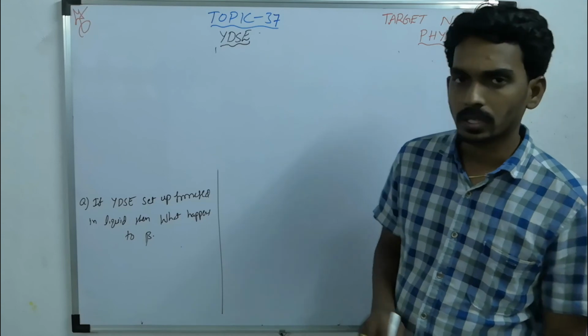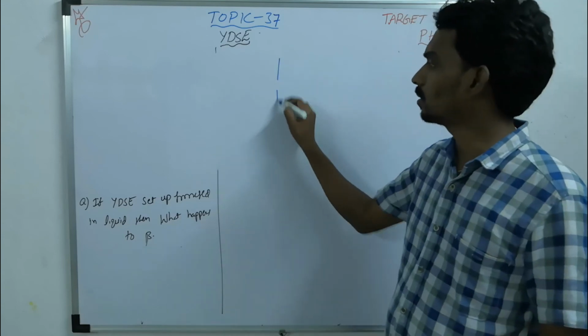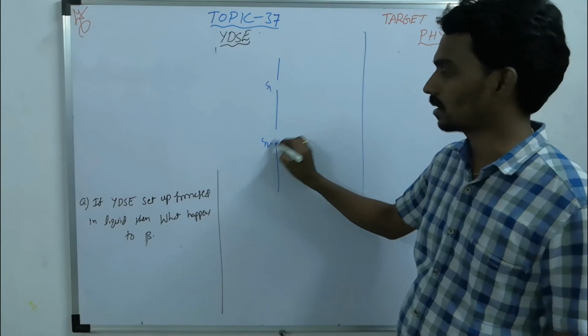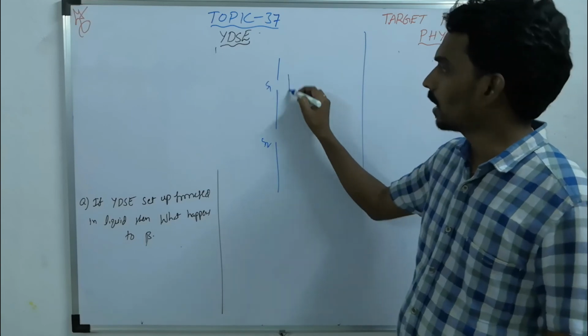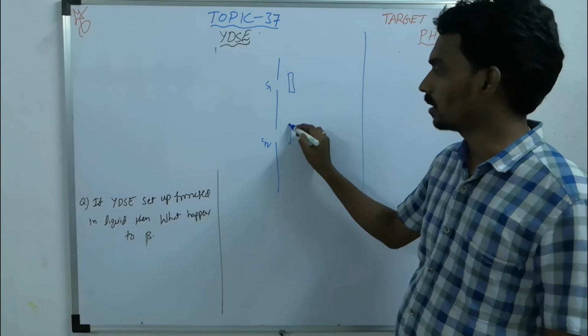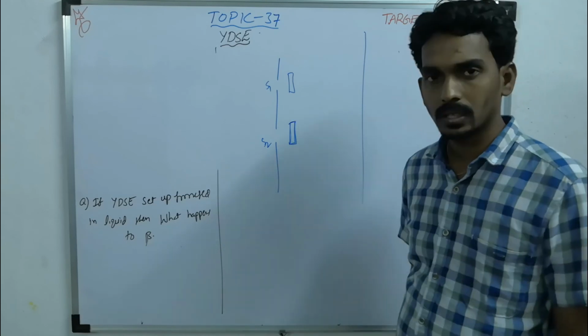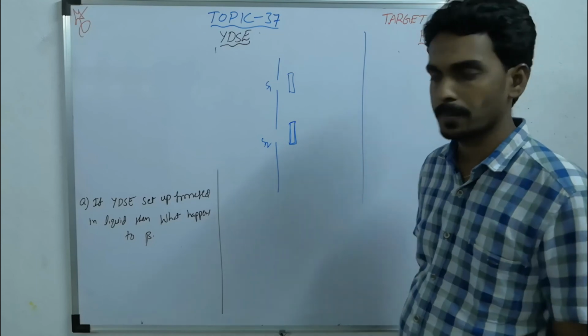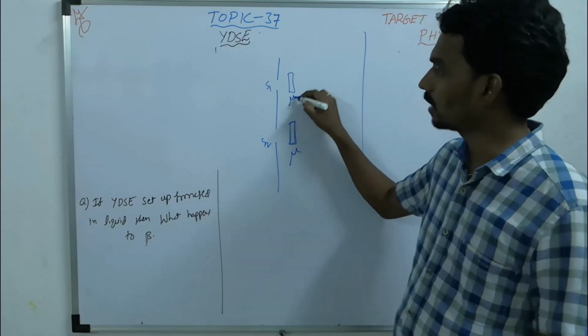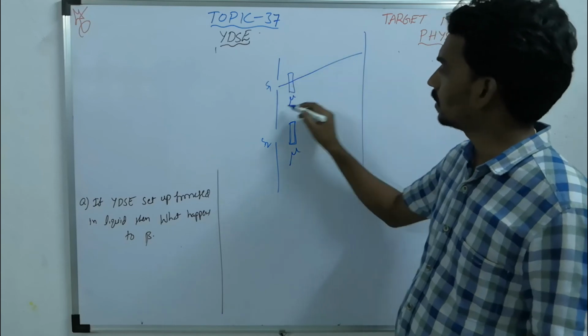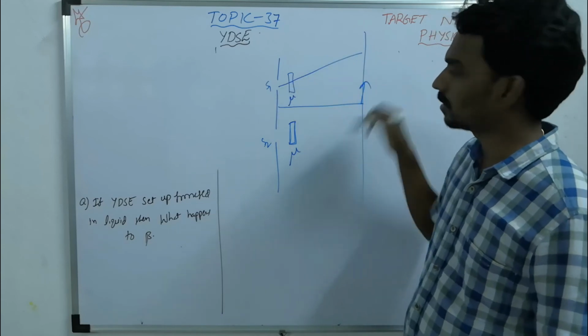And one more thing. Suppose you consider this arrangement, this is one slit and this is another slit. In the path of one of them, if you introduce a glass sheet of refractive index mu, then if you introduce it here, the central fringe shifts upward.